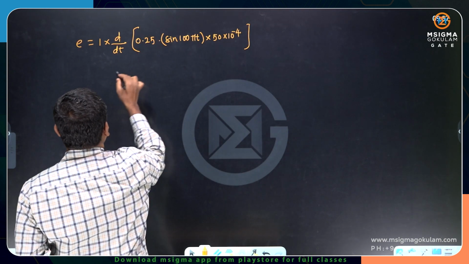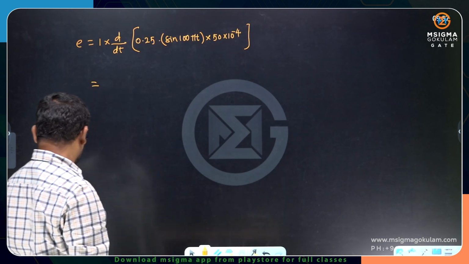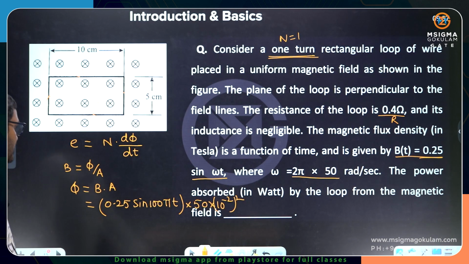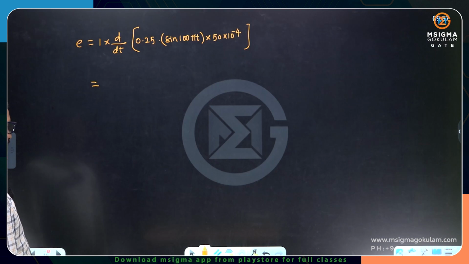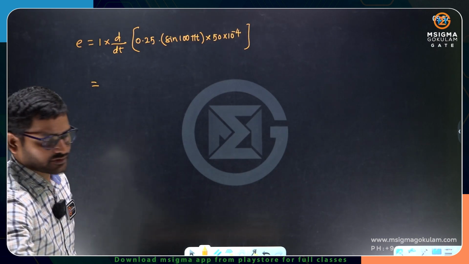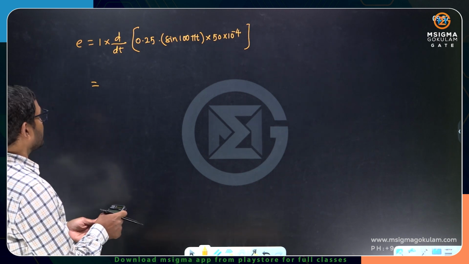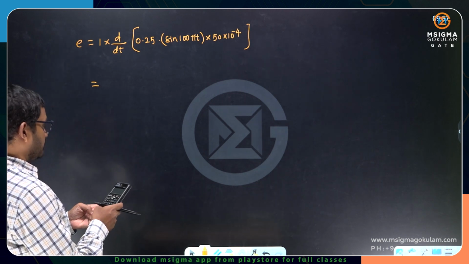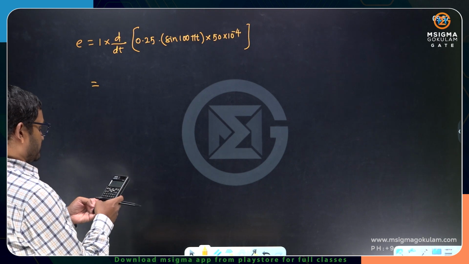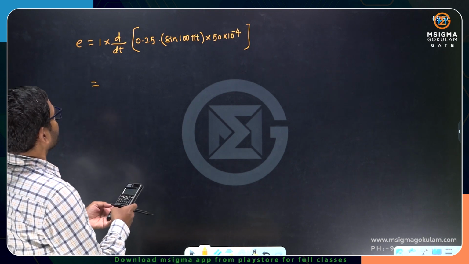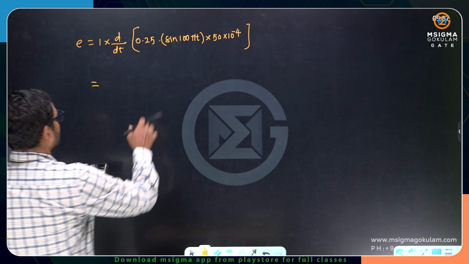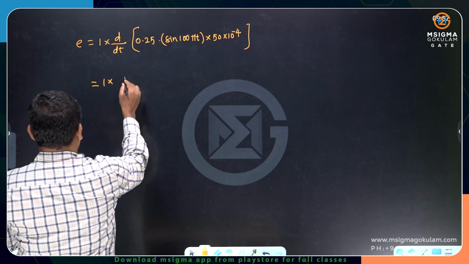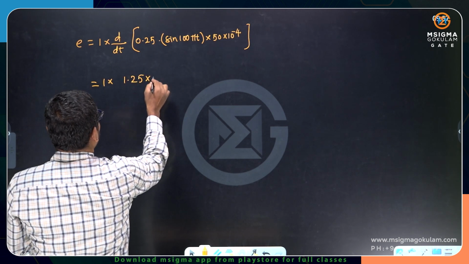This constant term, 50 into 0.25 into 10 to the power of minus 4, comes to around 1.25 into 10 to the power of minus 3.